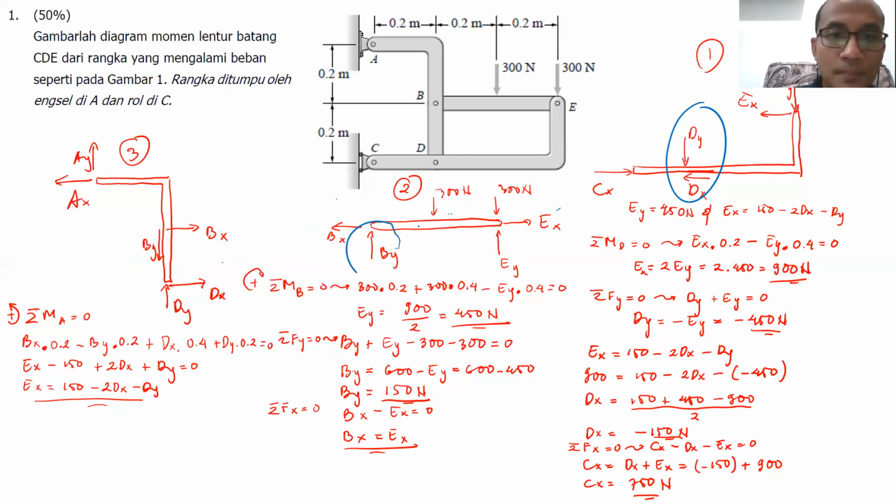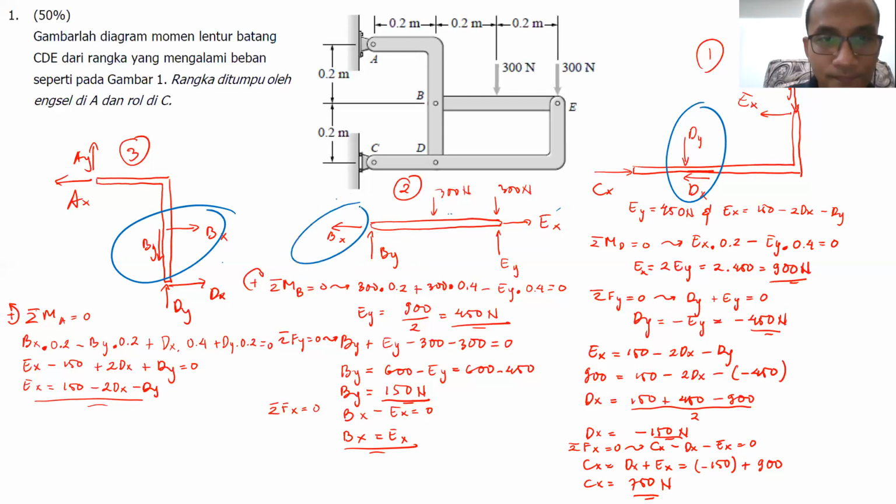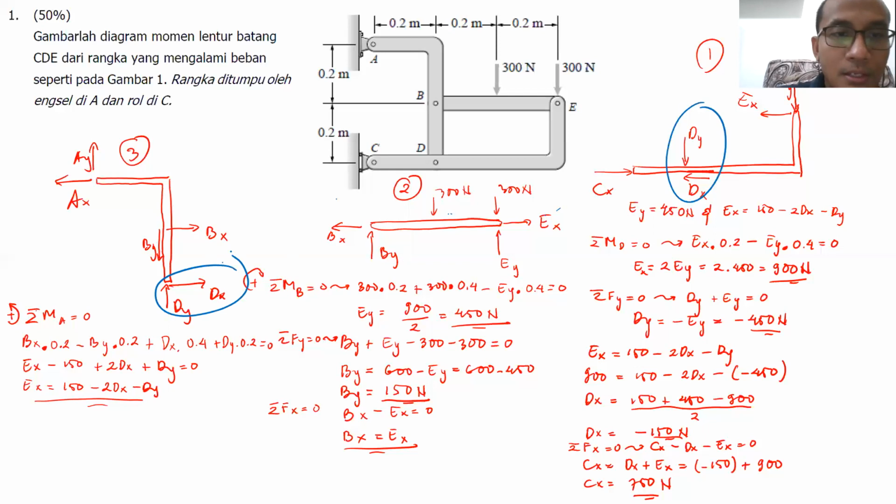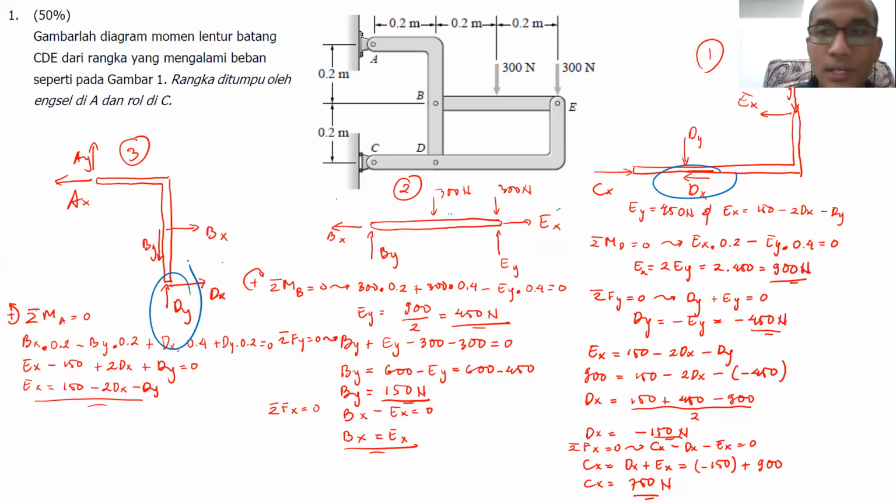If here Py is going up, Px is going to the left, now in this case, Px will be going to the right, the opposite of this one, and Py will be going down, the opposite of this one. The same thing for Dx and Dy. Dx is supposed to be going to the right, the opposite of this one, going to the left. And Dy here is supposed to be going up instead of going down here, the opposite of that. It's supposed to be the opposite because it's action and reaction.